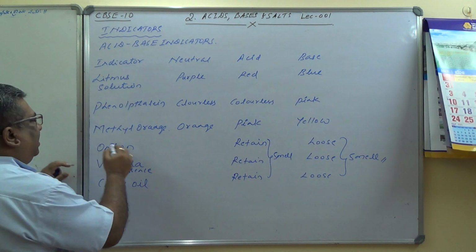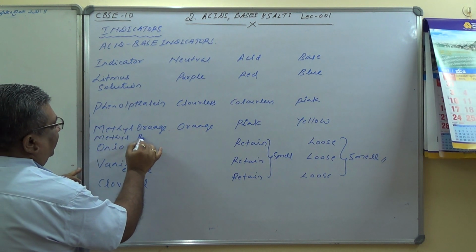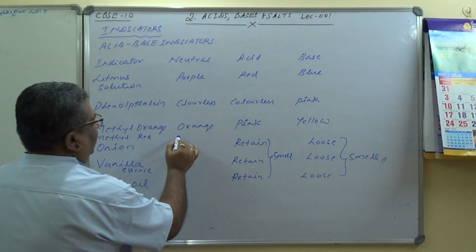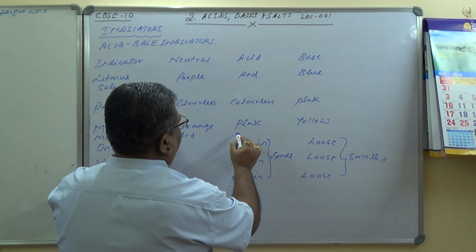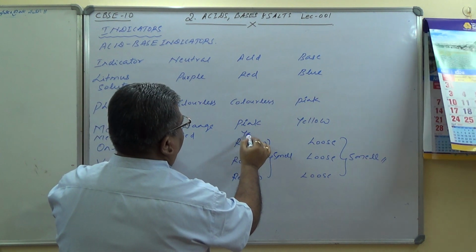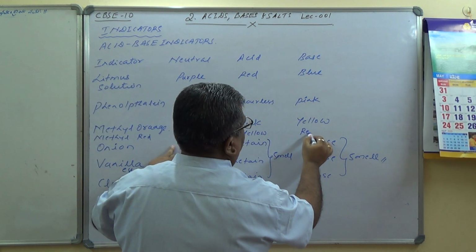See here, methyl red, in neutral condition it is red in color, and it will change to yellow in acidic and red in basic.